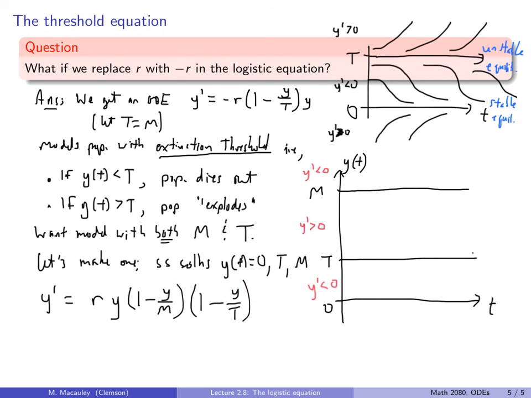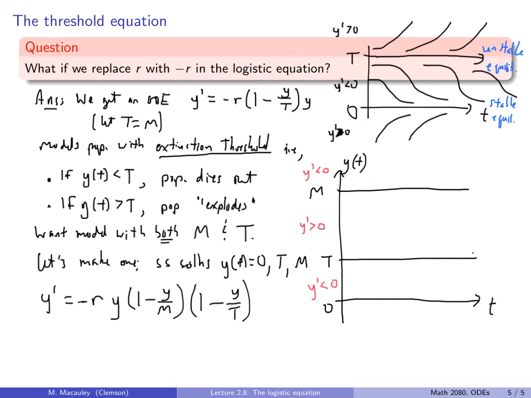So we have positive, positive, negative, negative, and that is wrong. So let's just add a negative sign right here. Now, when y is greater than m, we have negative, positive, negative, negative.